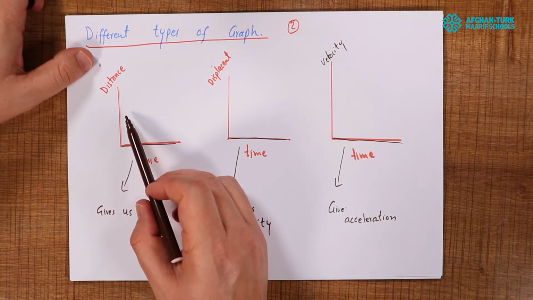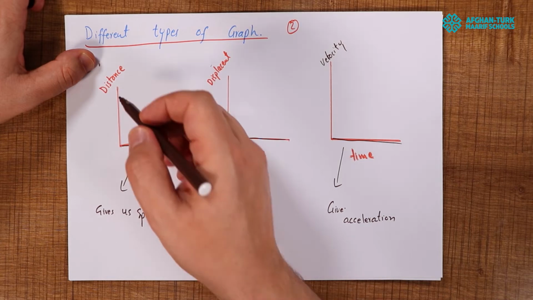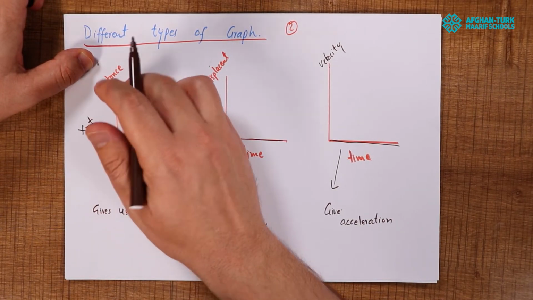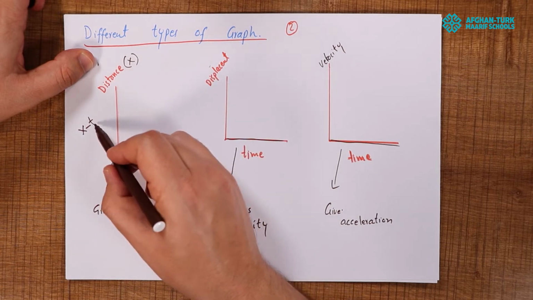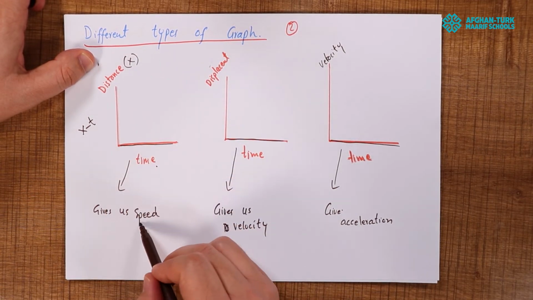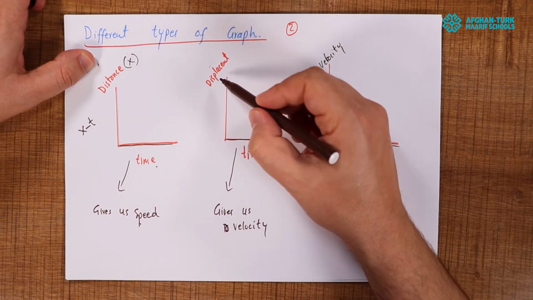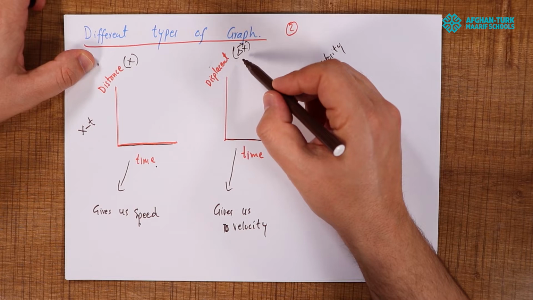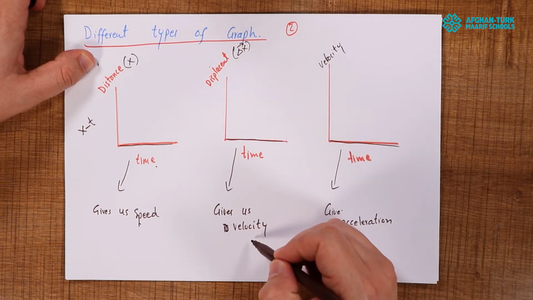Look here, we have different types of graph. Like the first one is the xt graph, meaning distance time graph. Distance time graph gives us the speed, displacement delta x. This will give us velocity.